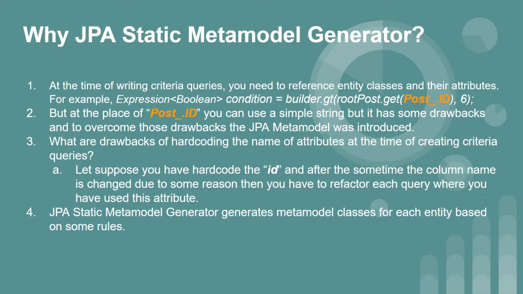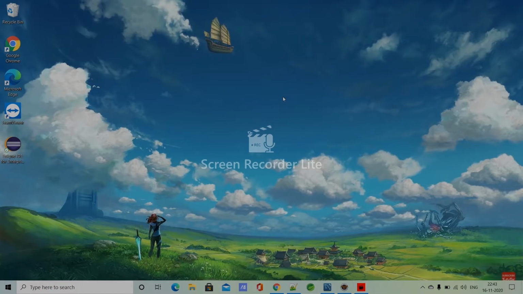You do not need to worry about those rules. It generates those metamodel classes automatically, and we will understand this concept by implementing an example. So let's go to Eclipse. Now we will see how to configure the metamodel generator in the Eclipse IDE.